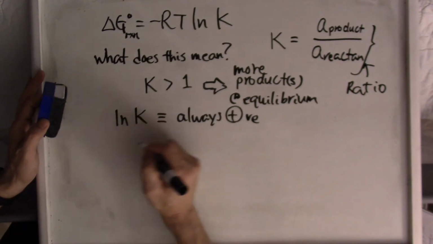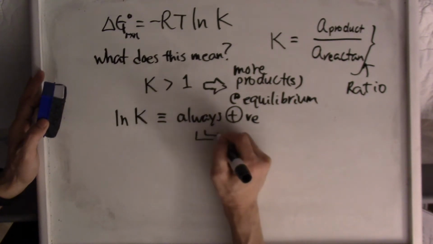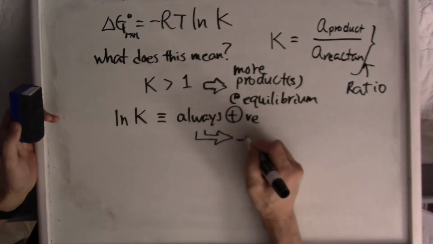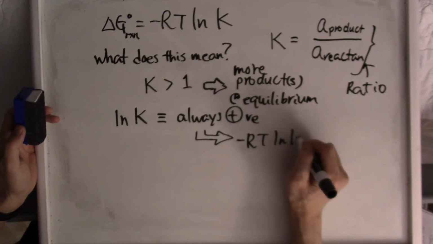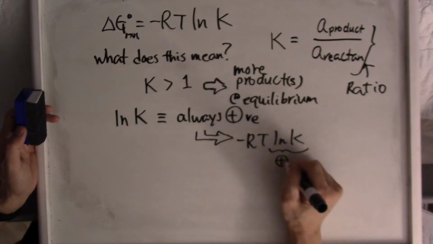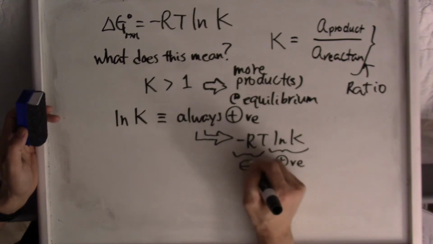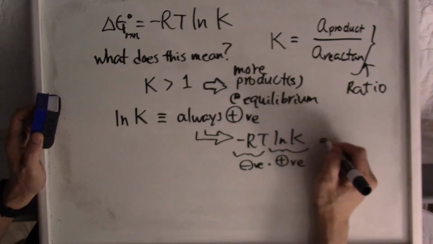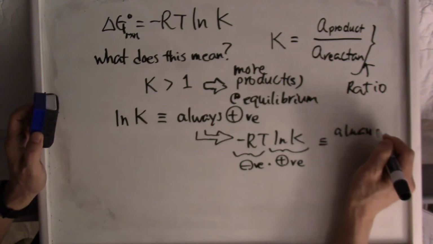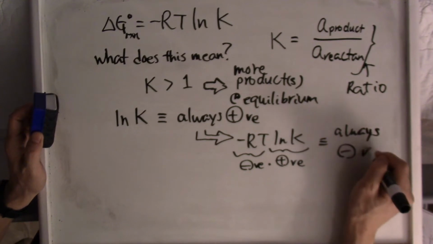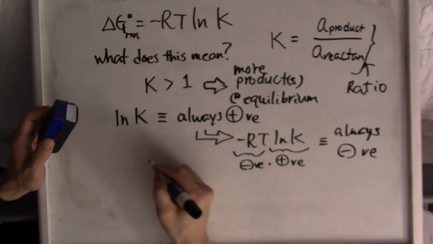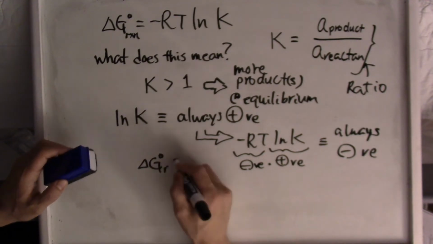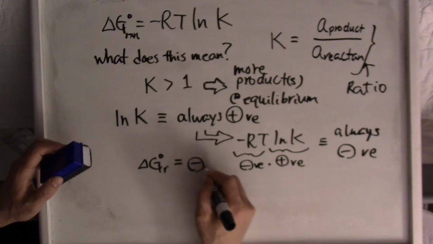So the end result is minus RT natural log of K. This part is positive, and this part is negative. So negative times positive is always negative.